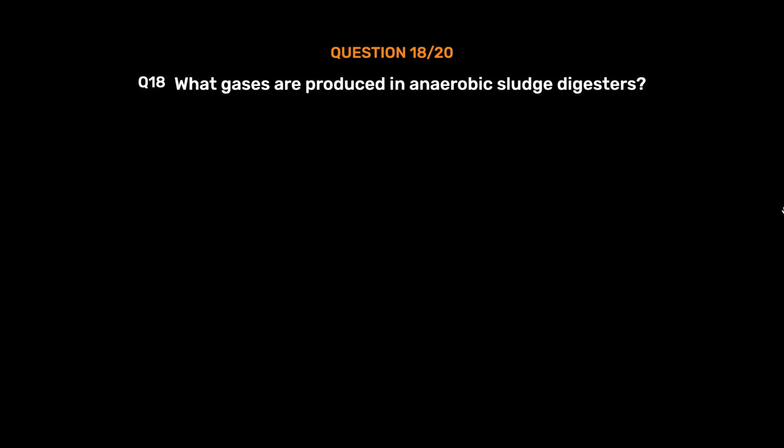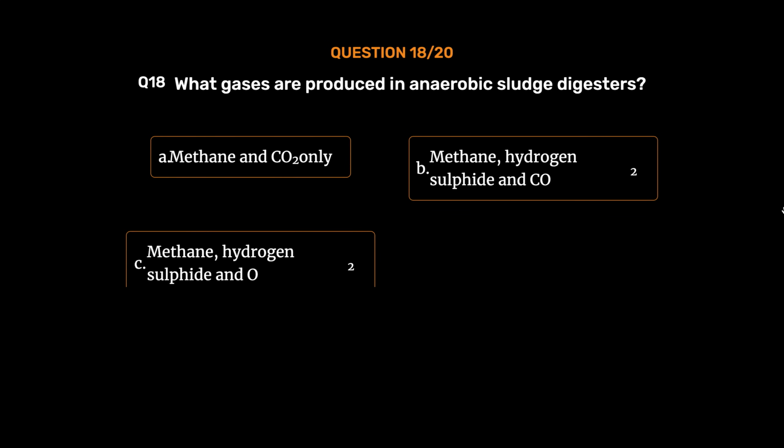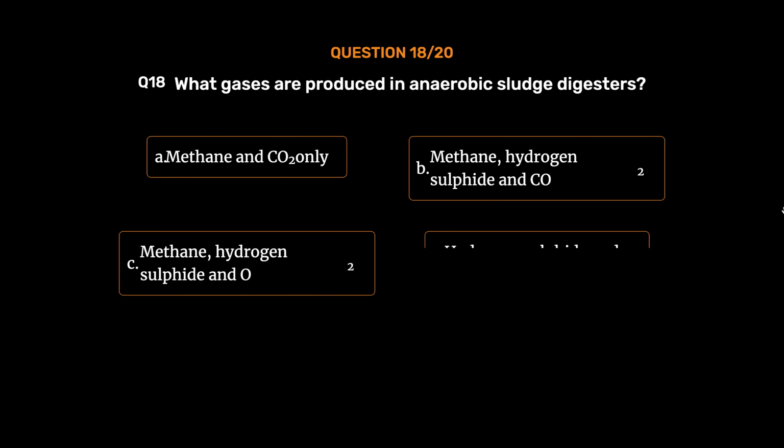Question number 18. What gases are produced in anaerobic sludge digesters? Option A, methane and CO2 only. Option B, methane, hydrogen sulfide and CO2. Option C, methane, hydrogen sulfide and O2. Option D, hydrogen sulfide and CO2.